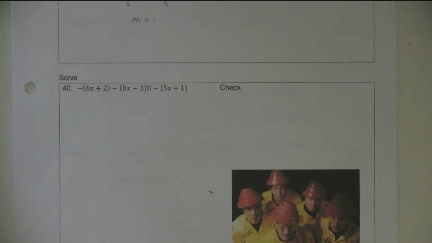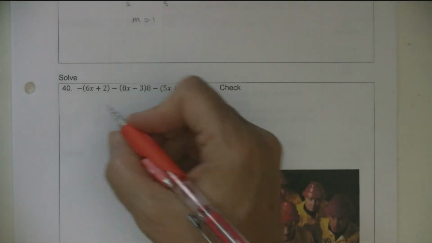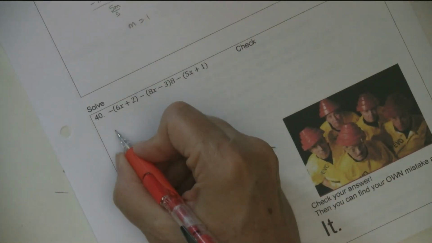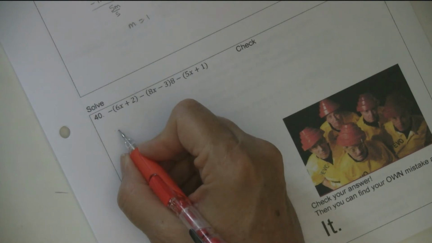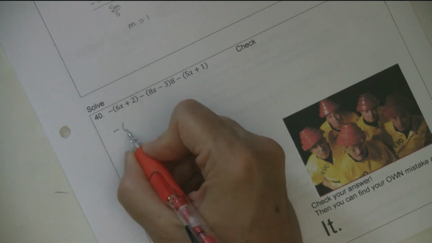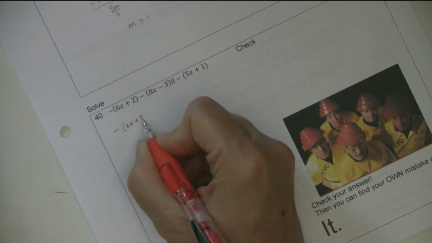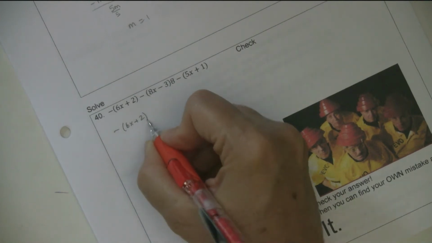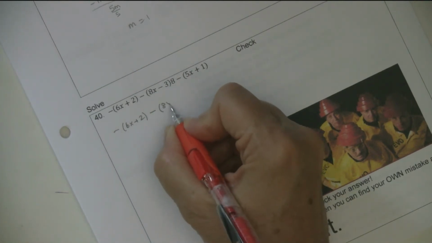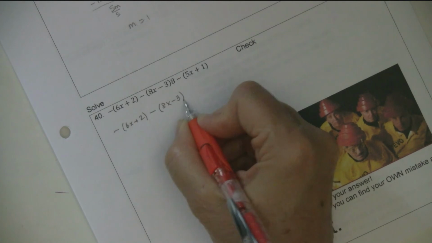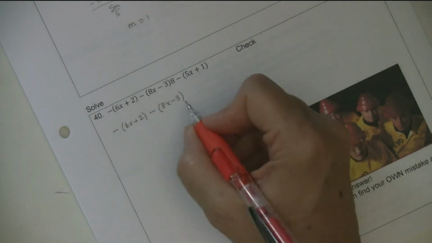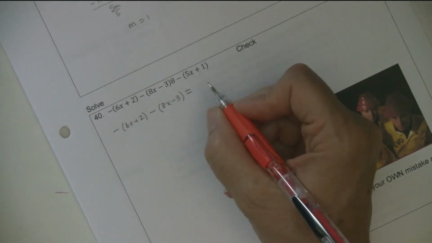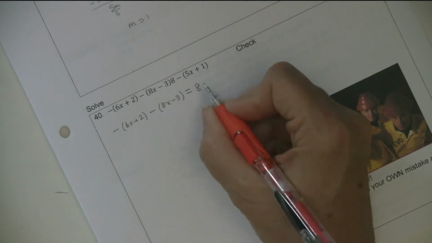I'm just going to write the problem down again. So this is problem 40. You can't have a problem that says solve and not have an equal sign.